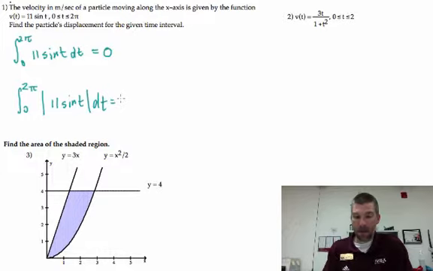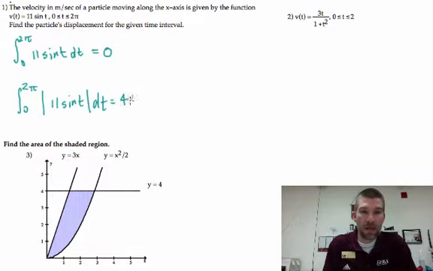And I get 44. So 44 units of space were covered. In this case, we're talking about meters per second, so when I integrate back up, I lose the seconds and I'm left with meters.